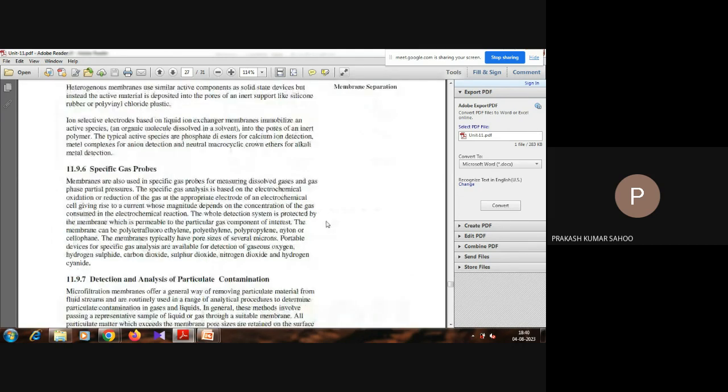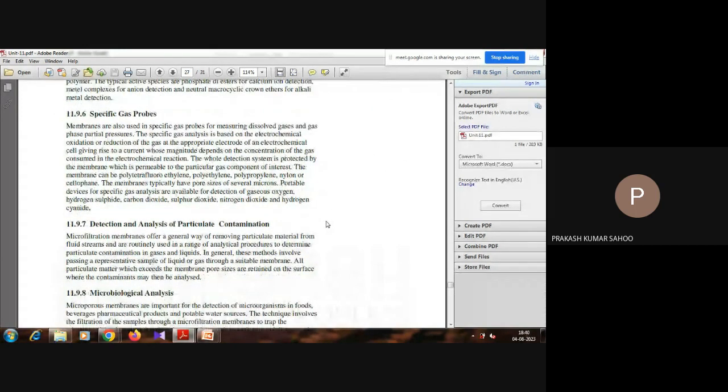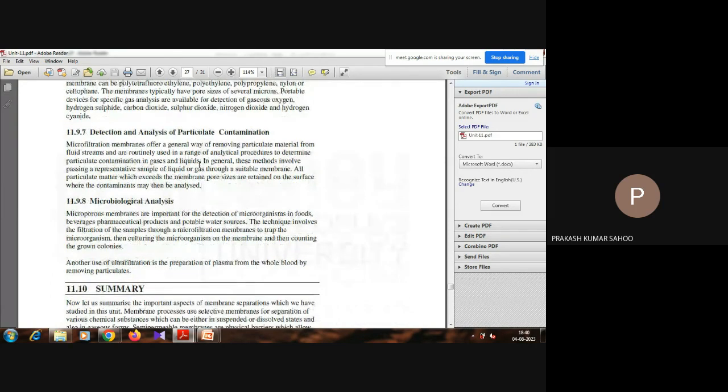Then we have specific gas probes, like polytetrafluoroethylene, polyethylene, polypropylene, nylon, cellophanes. Then detection and analysis of particulate contamination.